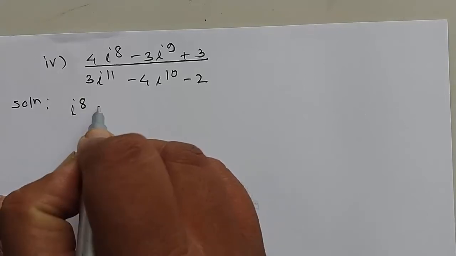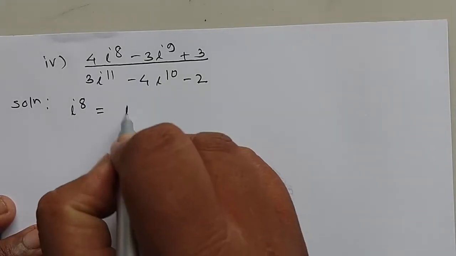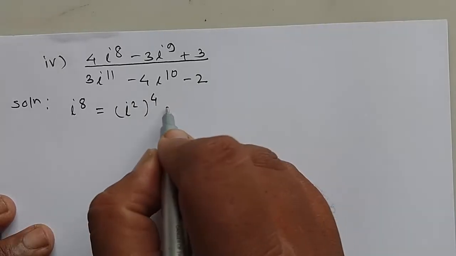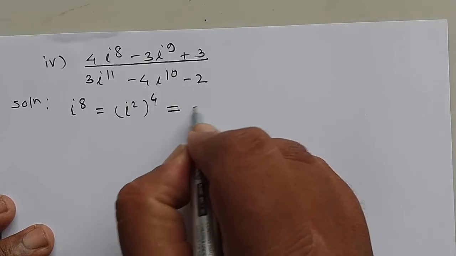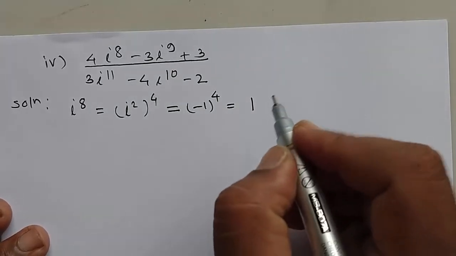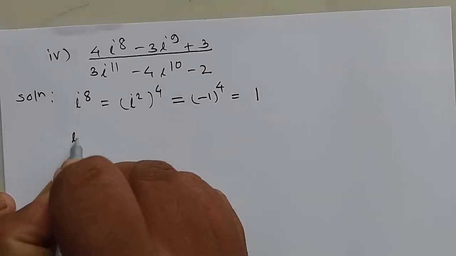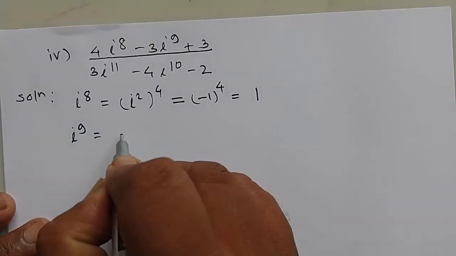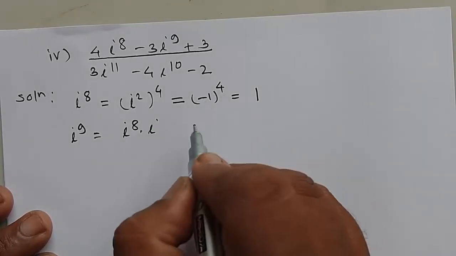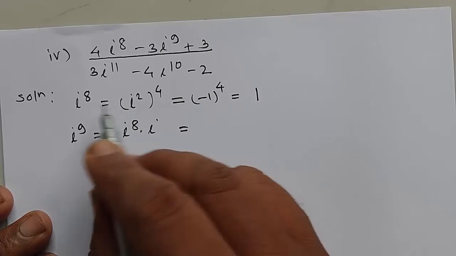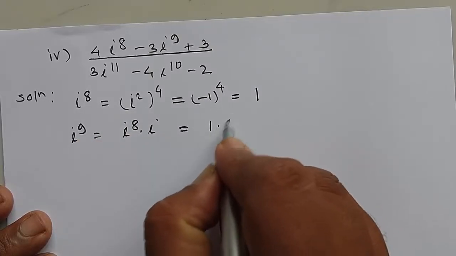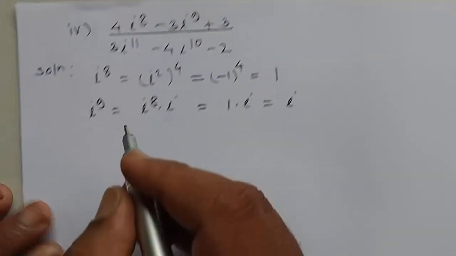i raised to 8 is equal to i square raised to 4 by laws of indices, is equal to (i square is minus 1) minus 1 raised to 4, so it is 1. i raised to 9 is equal to i raised to 8 into i by laws of indices. It is equal to i raised to 8, we have just calculated 1, so 1 into i is equal to i.